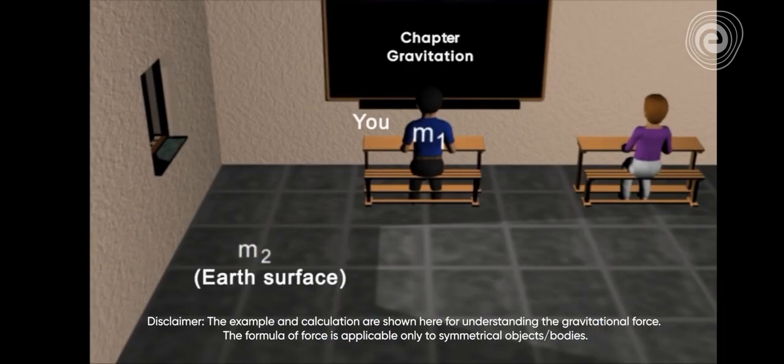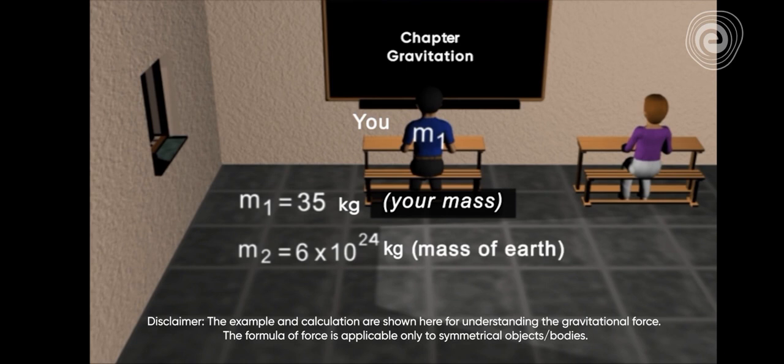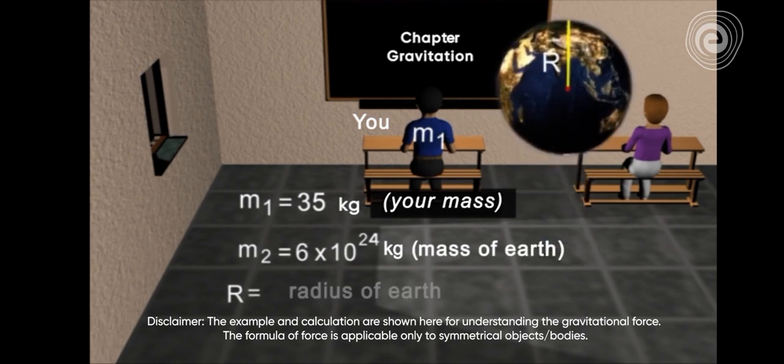The force between you and the earth: let m1 is equal to 35 kg, that is your mass, and m2 is equal to 6 into 10 raised to 24 kg, that is the mass of Earth. R is equal to the radius of the Earth, which is equal to 6.37 into 10 raised to 6 meters.